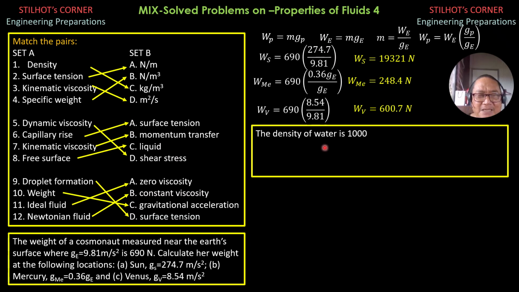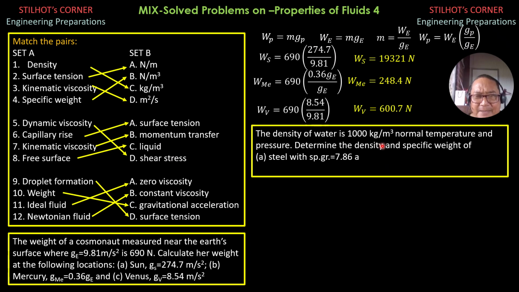Then for the last batch of problems, the density of water is 1,000 kilograms per cubic meter at normal temperature and pressure. Determine the density and specific weight of A, steel with specific gravity 7.86. We can use the symbol for specific gravity simply as small letter s. B, mercury with specific gravity 13.6, and C, gold.